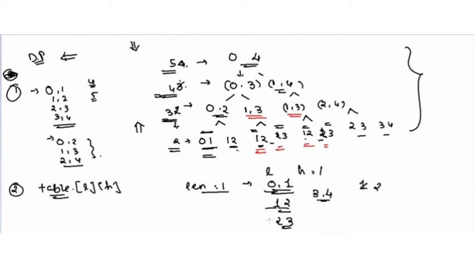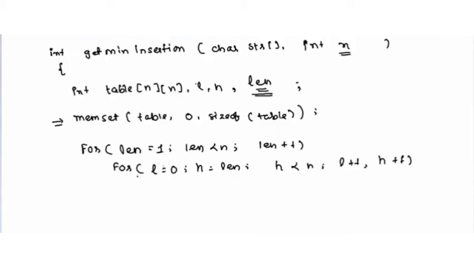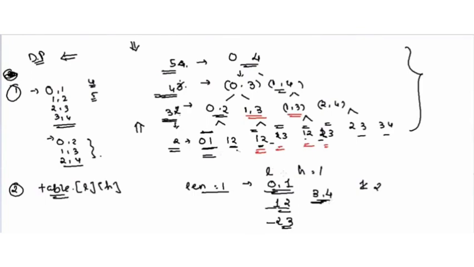So for all these substrings, you will create an entry in the table of L, H. In the table of L, H, you will create entries for all 2-length substrings: 0,1, 1,2, 2,3, and 3,4. These are unnecessary extra calls. You will fill up the table with the minimum number of characters required to turn this two-character string, AB or BC or CA or CD, into a palindrome.